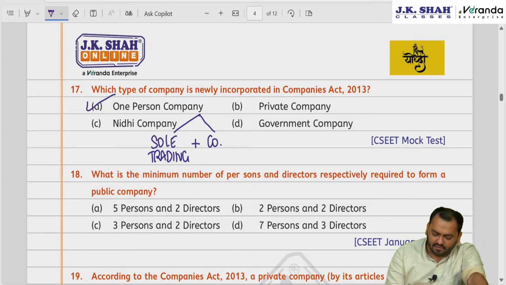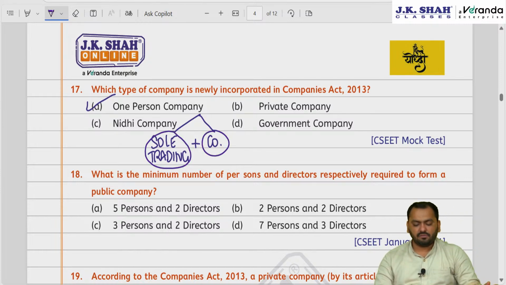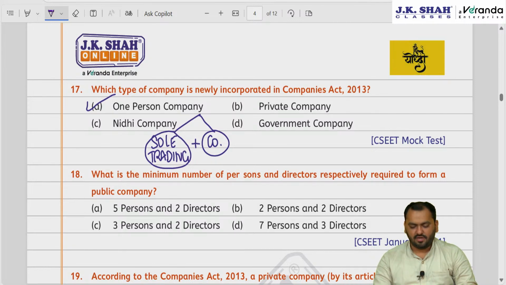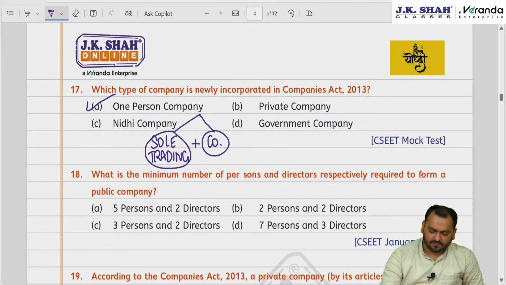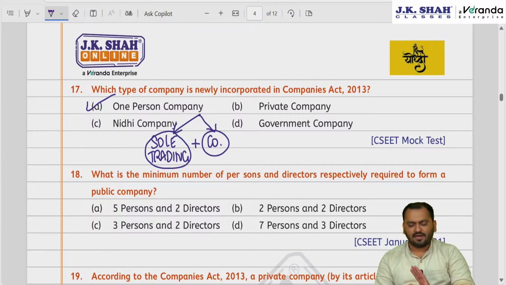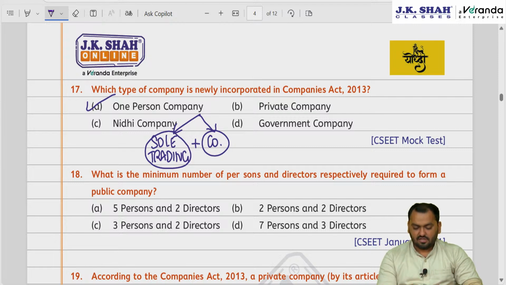So having the features of these two combinations, the one person company was formed. I hope this is clear to everybody. One person company: sole trading concern and company. Easy? Any doubt in this? Yes. So that was the thing.